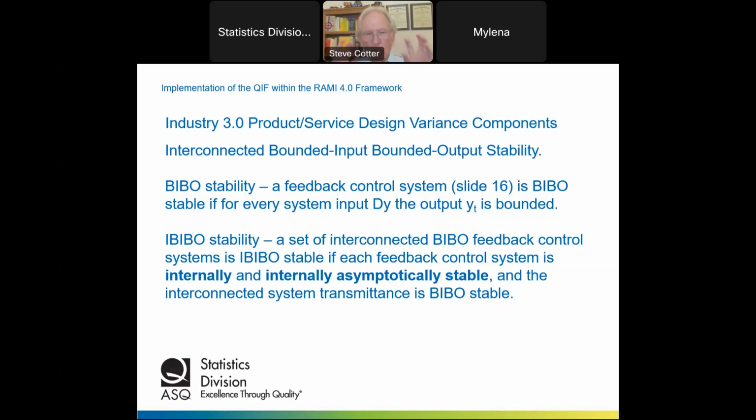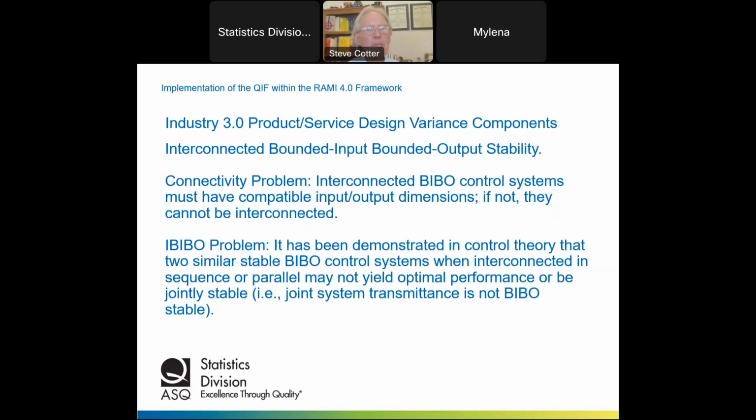So it is possible to design individual controllers that are BIBO stable, interconnect them, and then the interconnected controllers' system transmittance will not be BIBO stable. So there's the connectivity problem. Interconnected BIBO control systems must have compatible input-output dimensions.